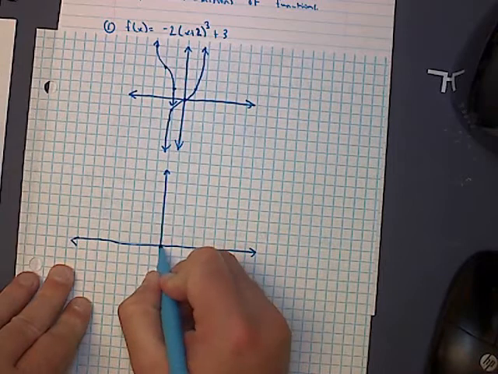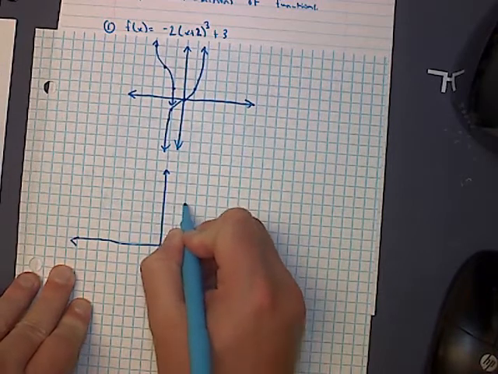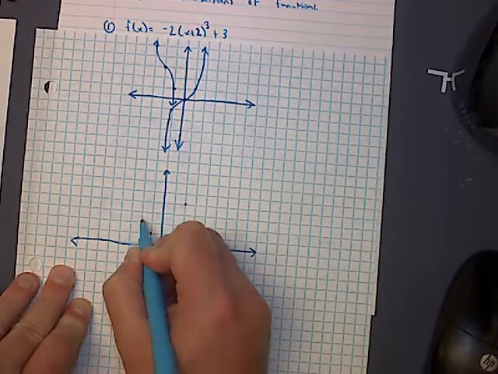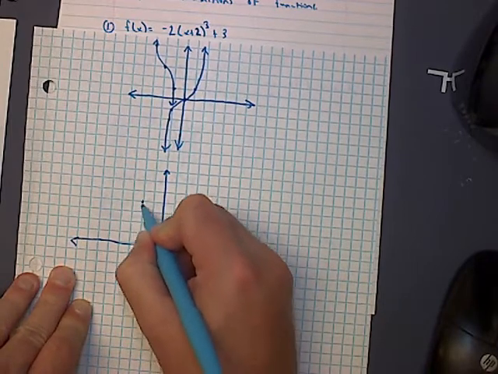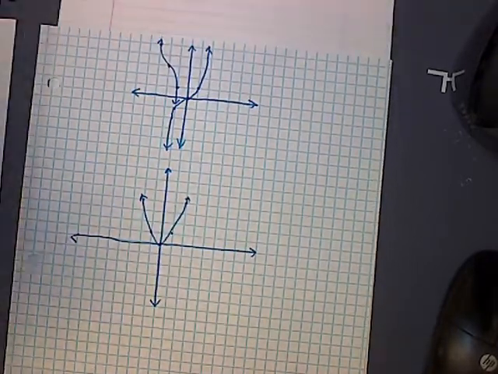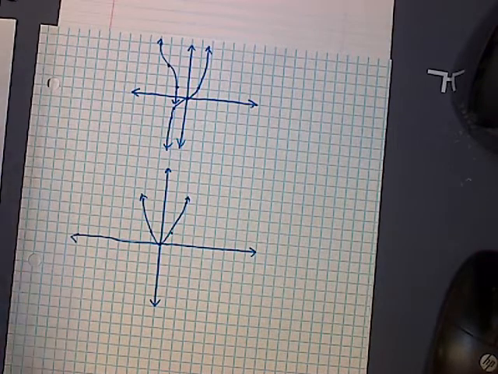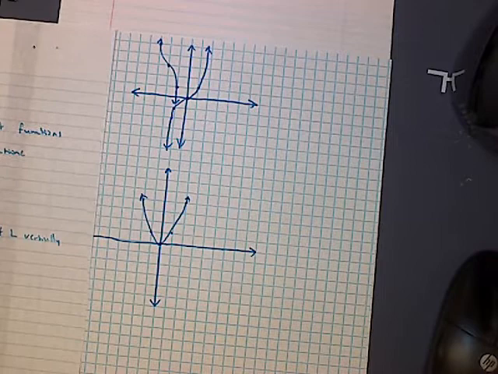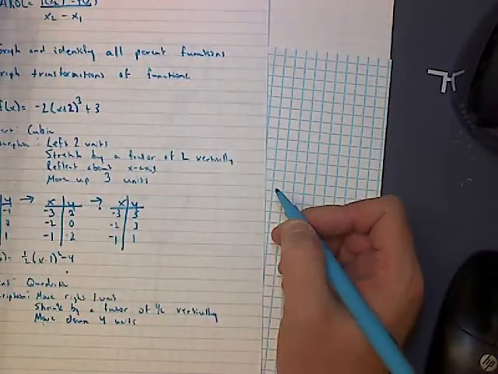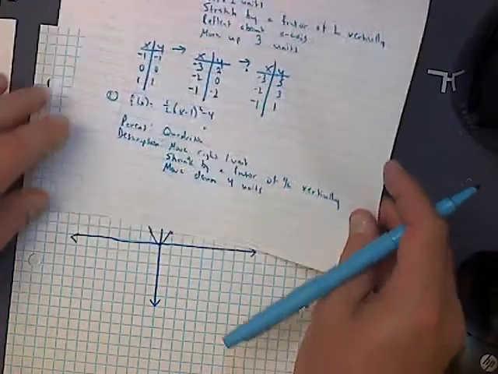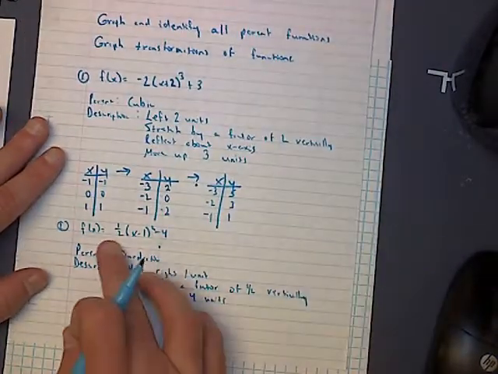Alright, it is quadratic. Okay. Now, I'm going to make a table since there was a value here.